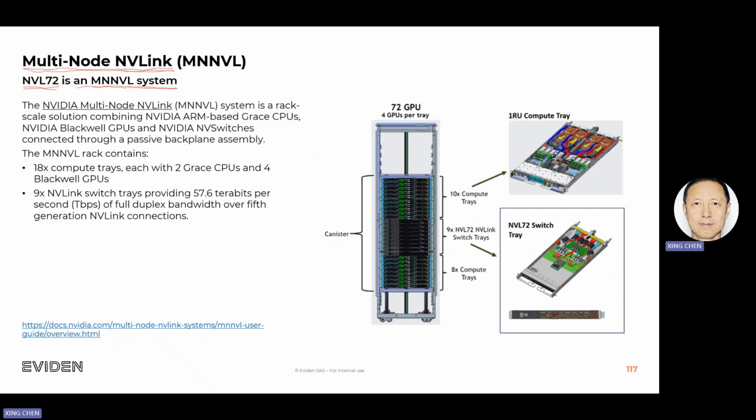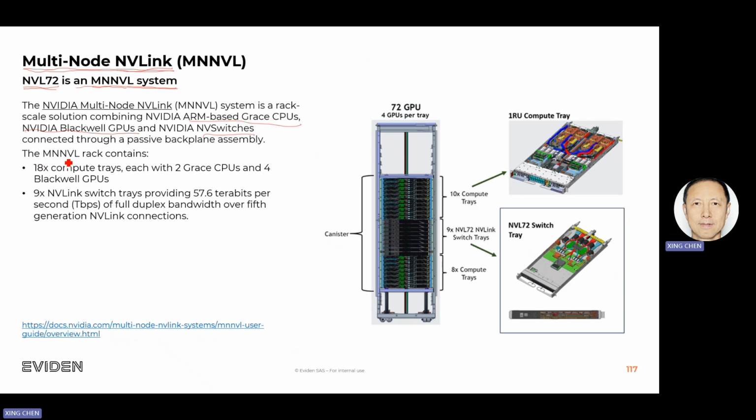Okay, and here is the text from Nvidia. An MNNVL system is a rack-scale solution combining NVLink, ARM-based Grace CPU, Nvidia Blackwell GPU, and NVLink NV switches connected through a passive backplane assembly.